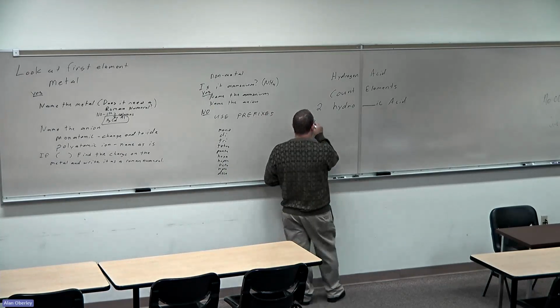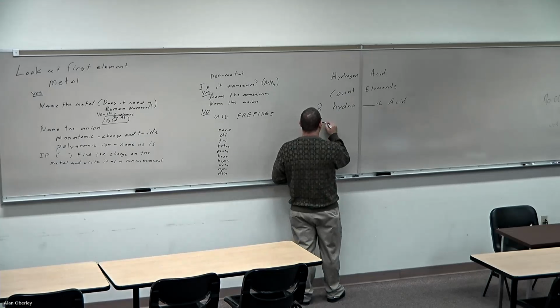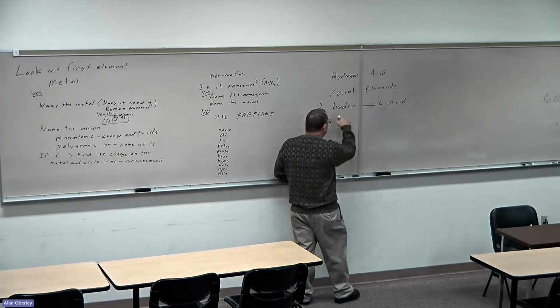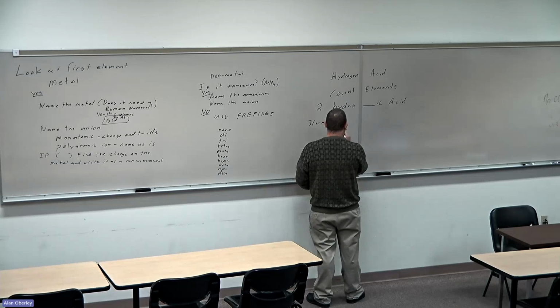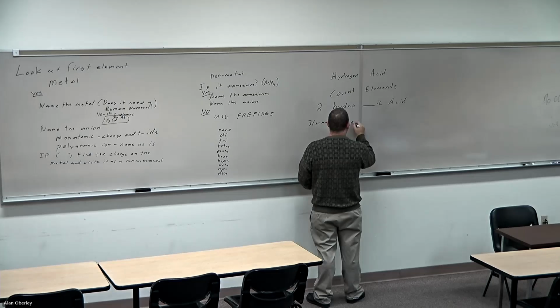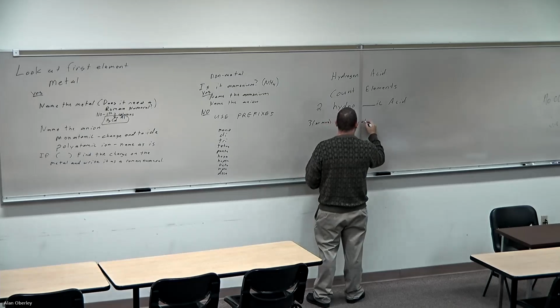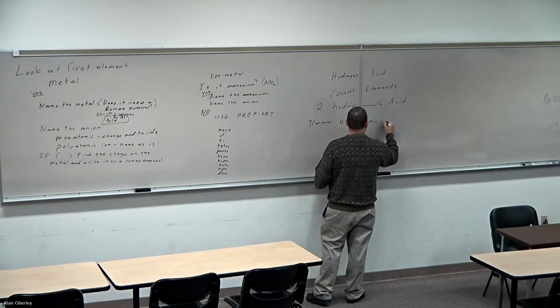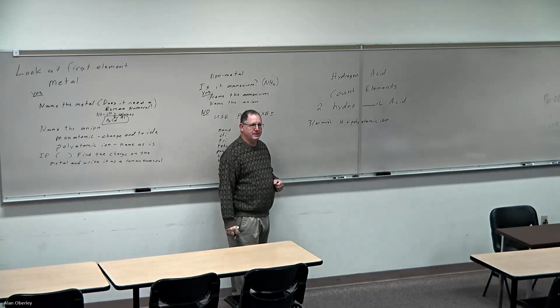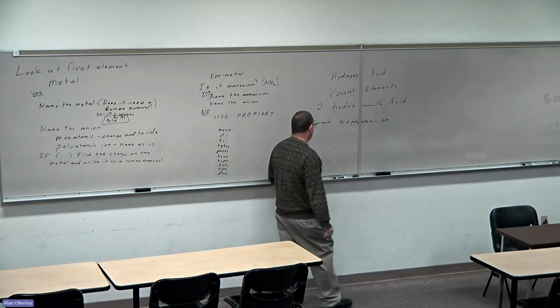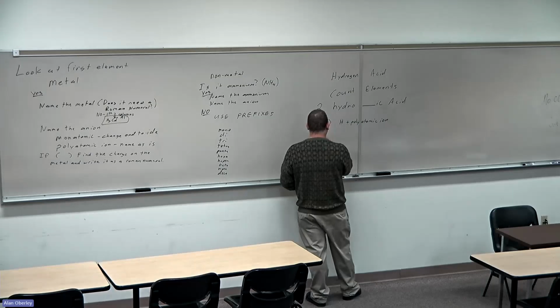And if it's 3, we don't put a hydro. This is going to be an H plus a polyatomic ion, and we are going to take the polyatomic ion name.